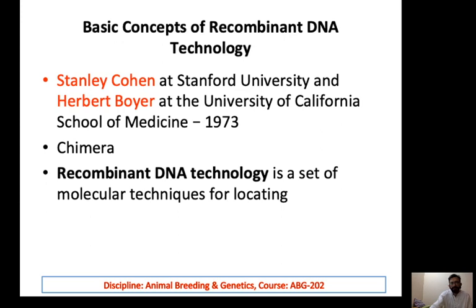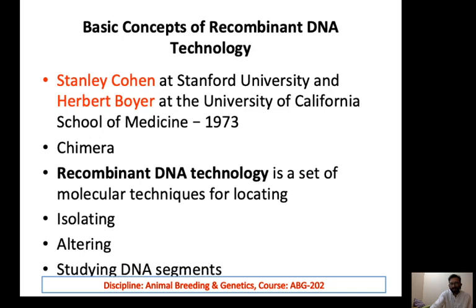Now, this technique is a set of molecular techniques for locating, isolating the DNA, altering the DNA, and then studying this DNA segment in terms of its functions. So altogether this is called recombinant DNA technology.